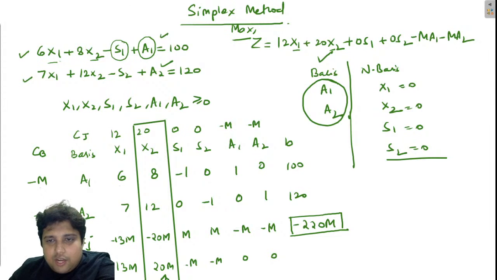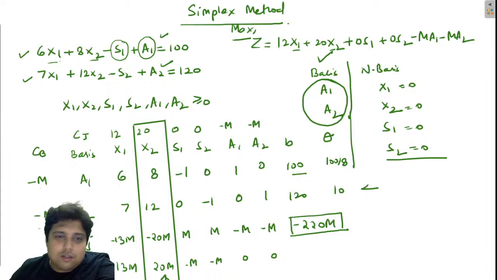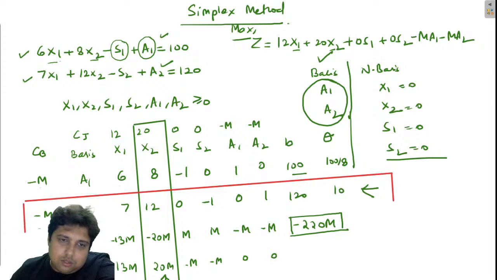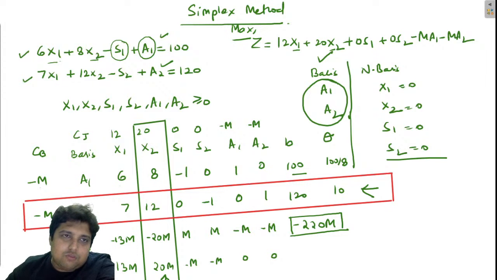Now somebody should leave, so theta is 100 by 8, 120 by 12, the minimum is here, so a2 becomes the leaving variable. So now in the next iteration table, in place of a2 we will be having x2, and a2 will leave the table.